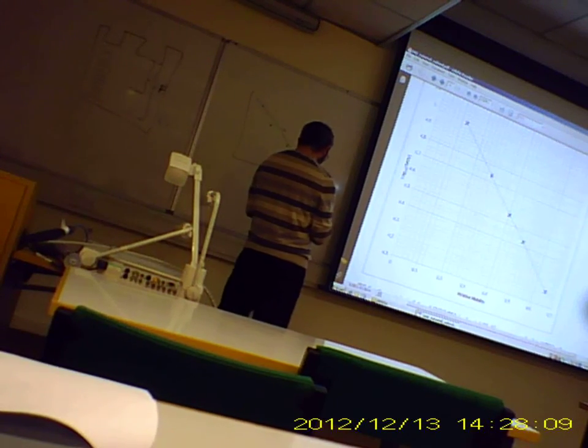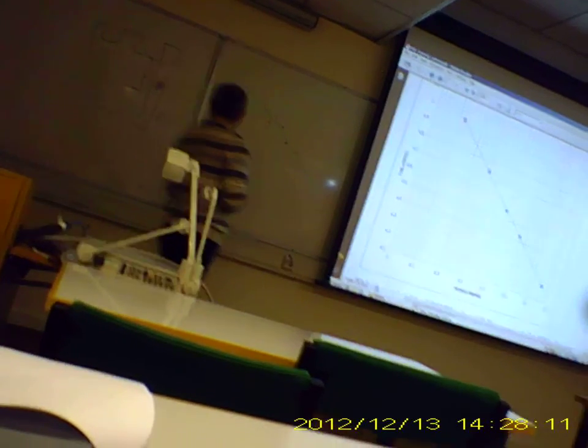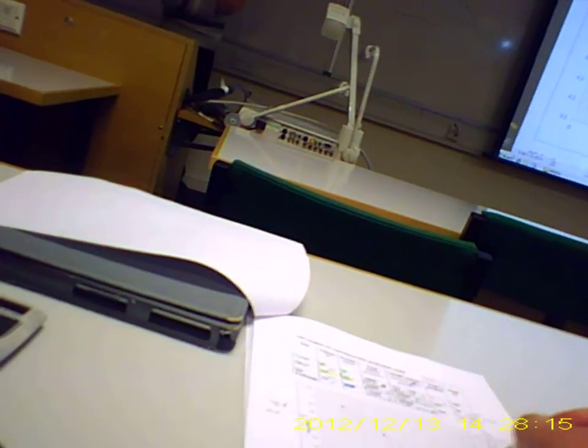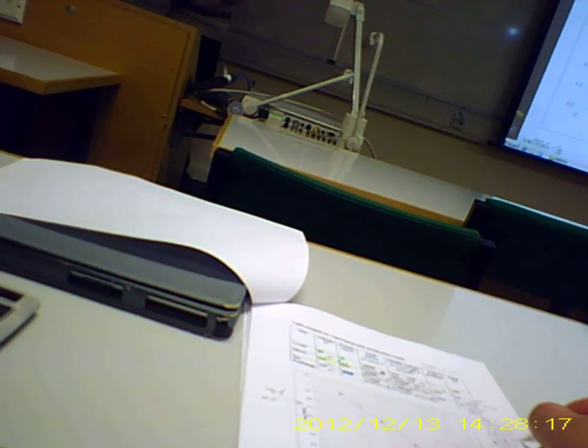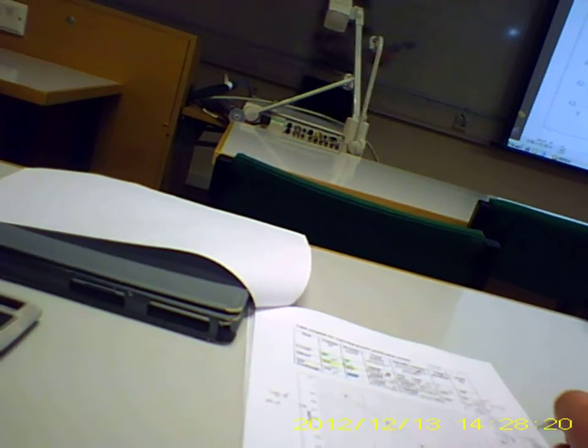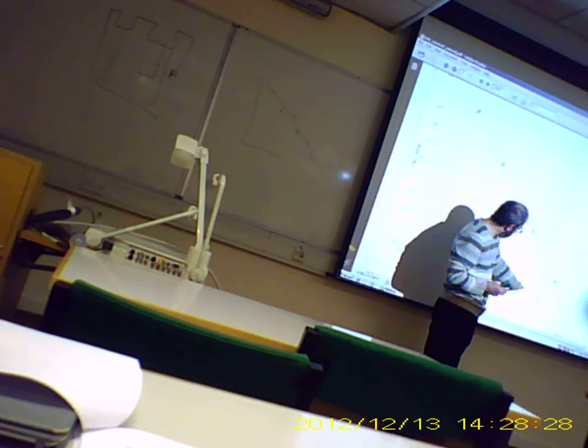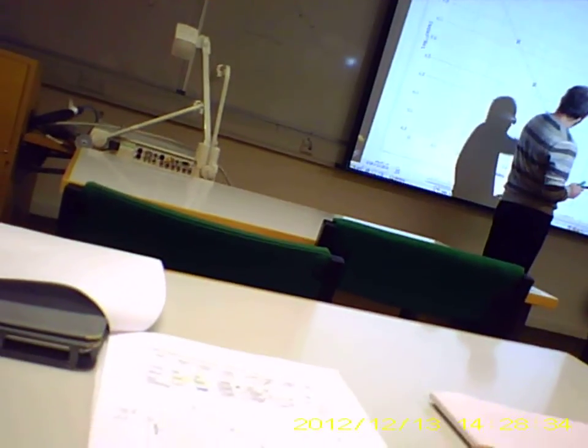Then you take your data for the protein, the relative mobility, and find it on the x-axis. So we said it's 0.56 or something, so we come here.